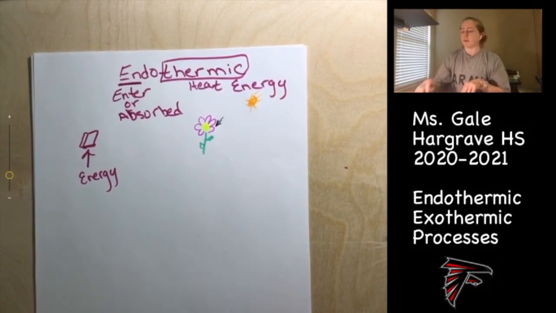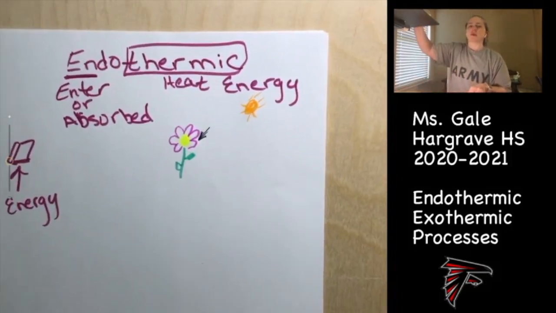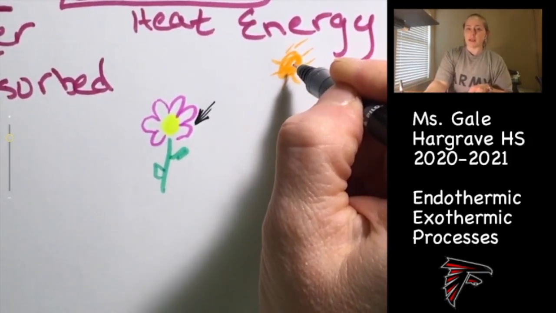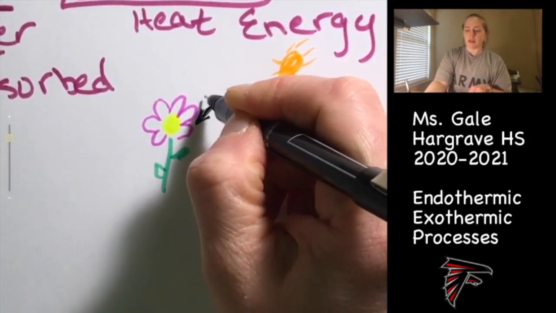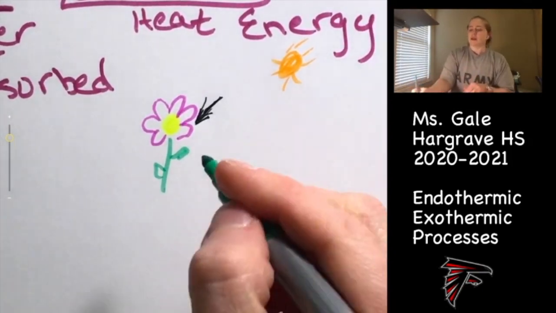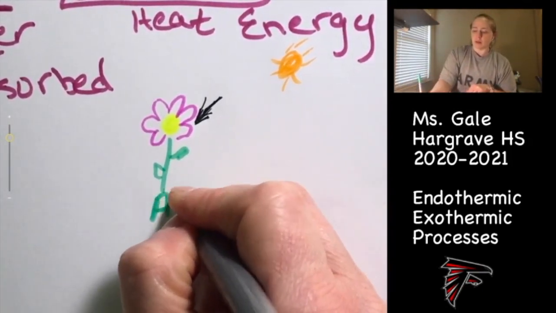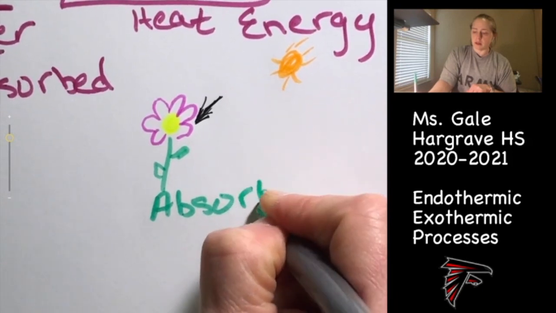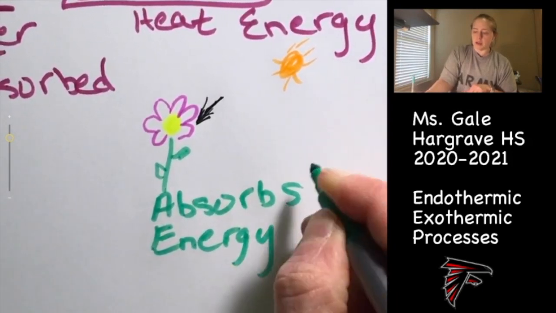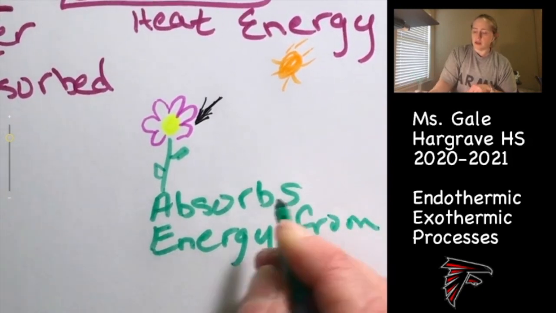Okay? So I'm going to do this real quick. The energy from the sun is absorbed, or it's endothermic, enters into the flower. So the flower absorbs energy from the sun.